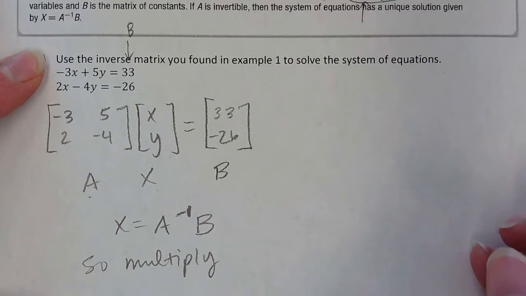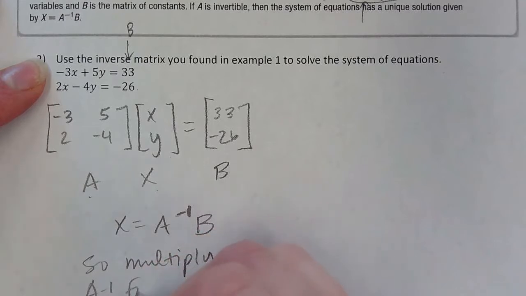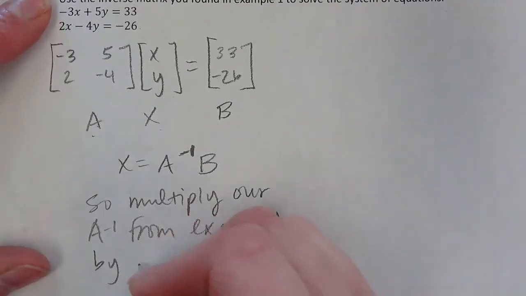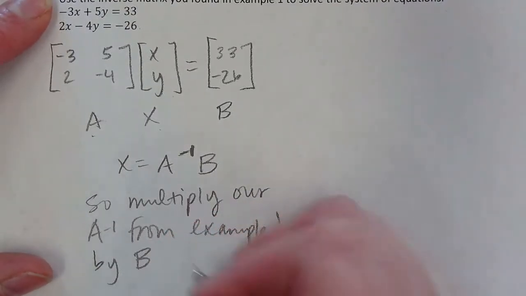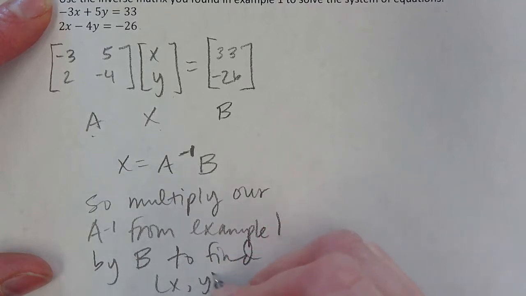So that means we are going to multiply. I don't know if you noticed or not, but this is basically the same problem as problem 1. So we're going to multiply our inverse matrix from example 1 by B to find our x and y.